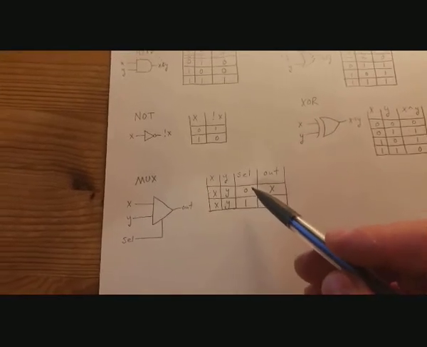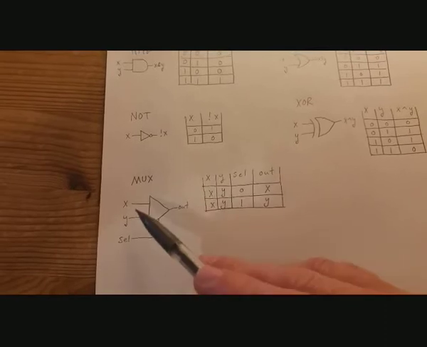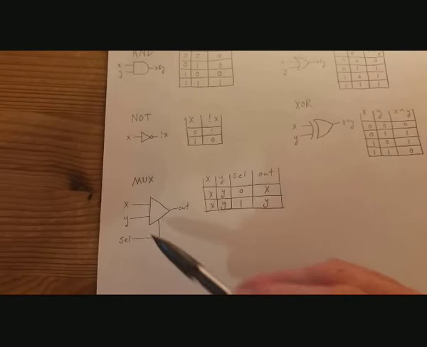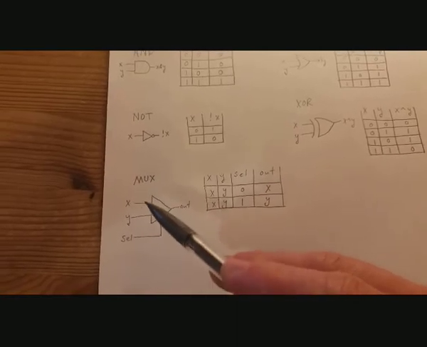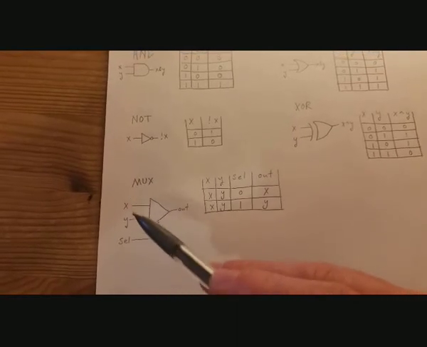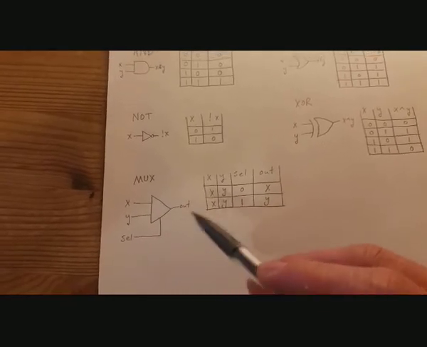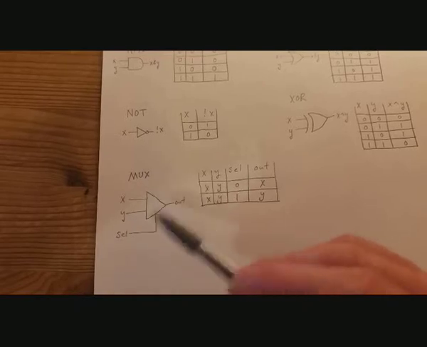So in this case, if select is 0, then the output is just going to be X, and if it's 1, we just get Y. You could have any number of inputs here. You would need more bits to select which one. We're going to be making extensive use of the multiplexer in the circuit.